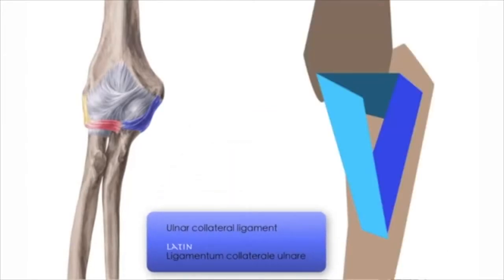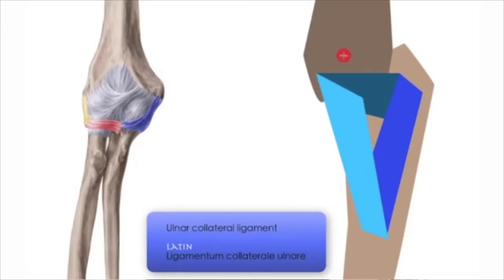Sometimes we have to rely on this whenever we're studying anatomy. We have to simplify things and make them a little bit clearer. So this image here is showing the triangular shaped ulnar collateral ligament, and the three different bands are, of course, in different blue colors.